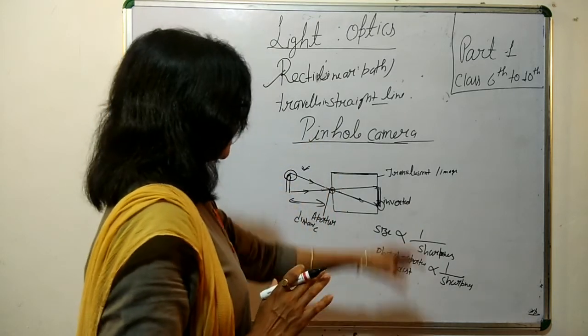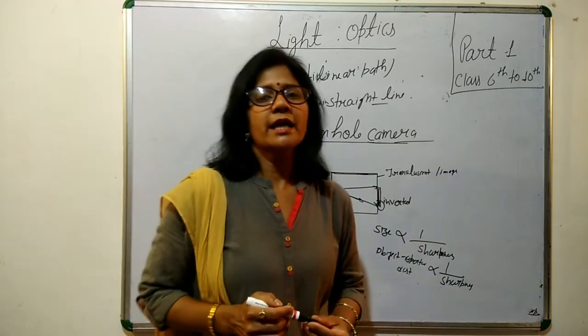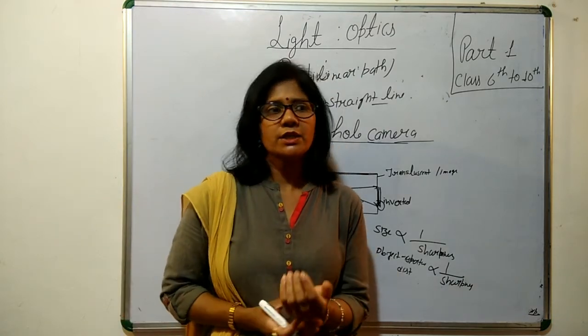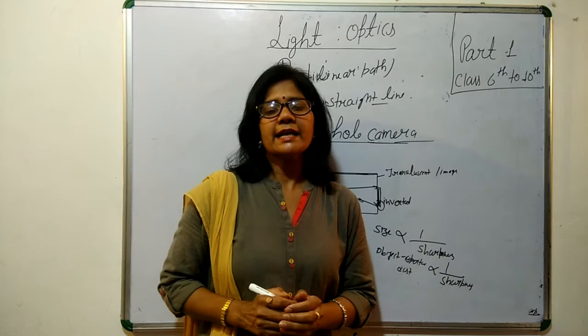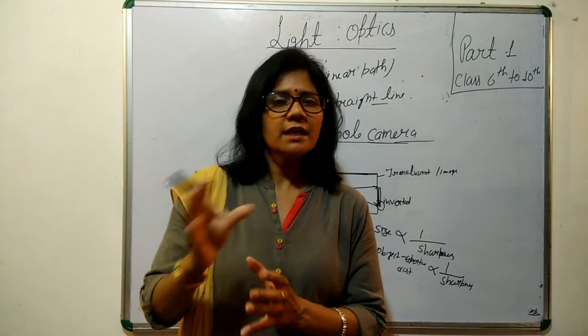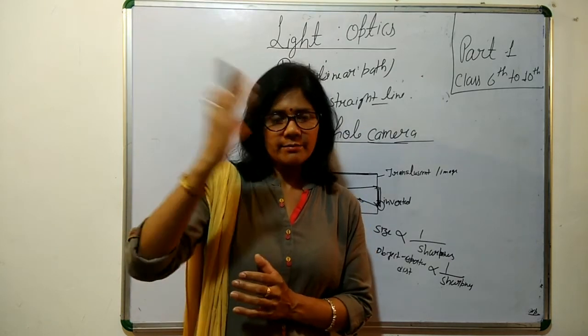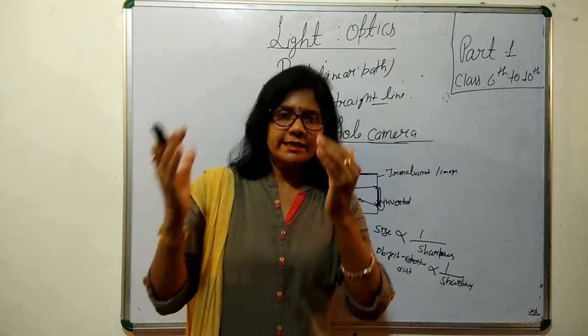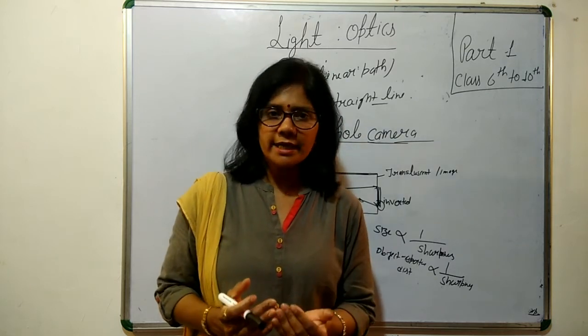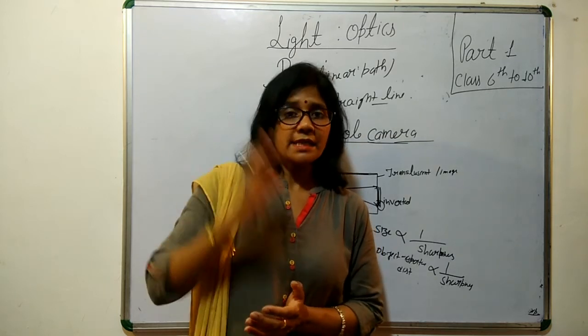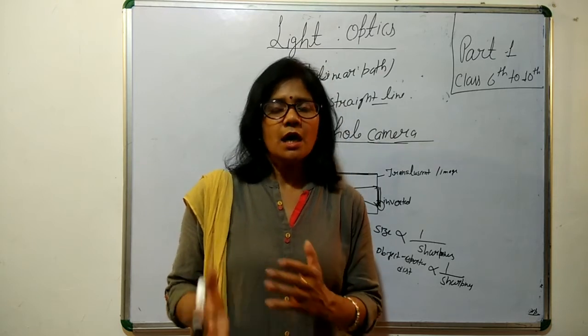And a very important question, what is the use of this pinhole camera? Pinhole cameras we can use to see a sun eclipse, because we can't see the sun directly, as it is harmful; it radiates so many harmful rays, and at the time of eclipse it becomes even more harmful.